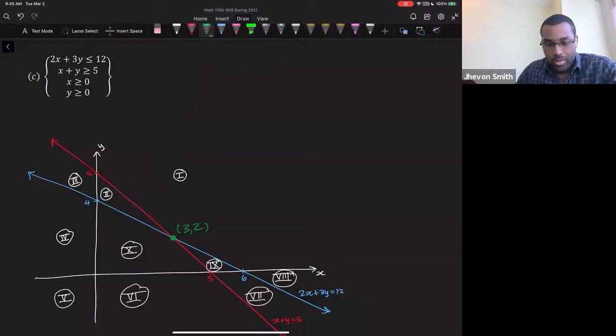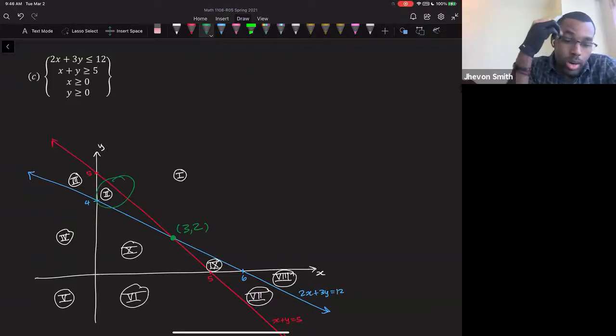Would be region 2. So looking at this, I know I want to be region 2, as in up here. According to that, I want to be below the blue line and above the red line. Does region 2 satisfy that? No, it does not. So what region?